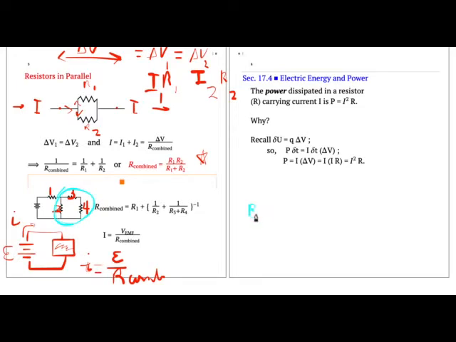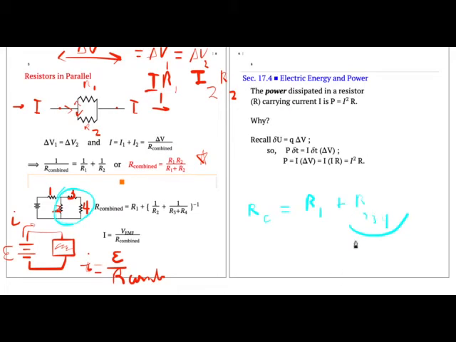I see that R combined will be R1 plus the combination R2, 3, 4. And R2, 3, 4 is a parallel combination of 2 and the series combination of 3 and 4.